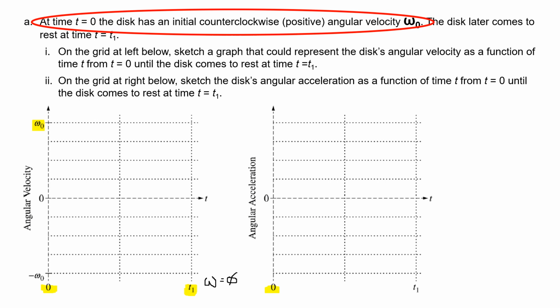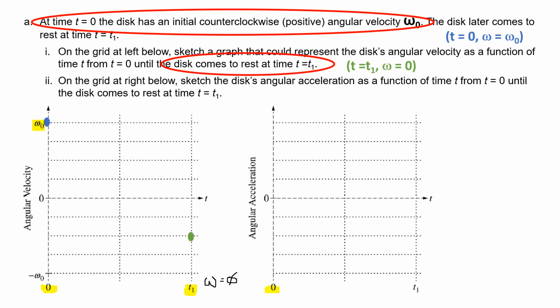First, counterclockwise is positive, which I've already annotated at the bottom. So when t equals 0, with t on the x-axis, omega is omega sub naught. That's your dot over there, so you start from there. However, at t equals t sub 1, the disc stops rotating, so omega is 0.